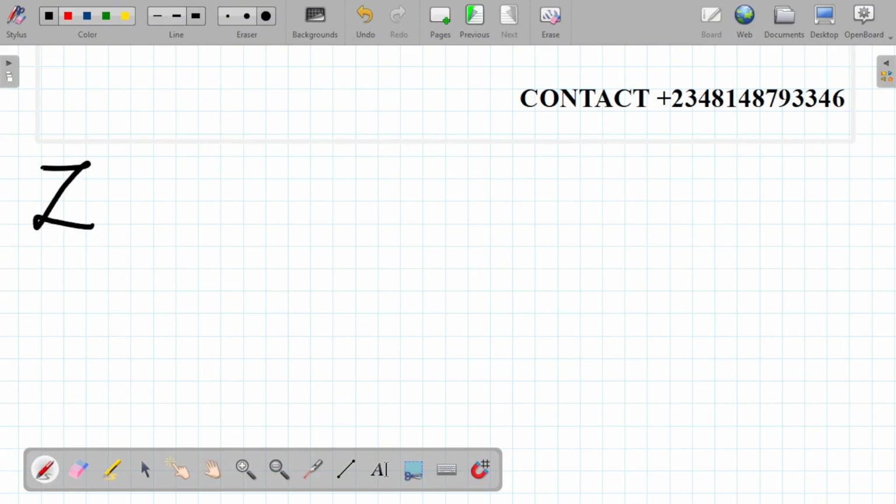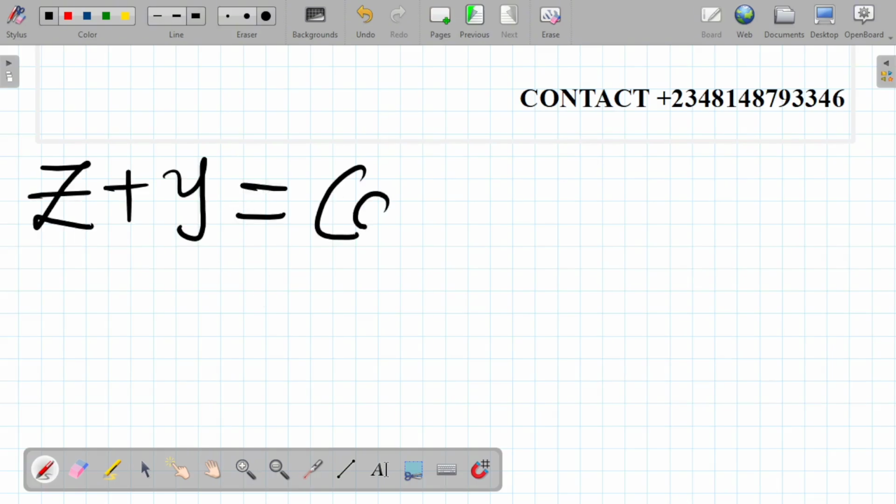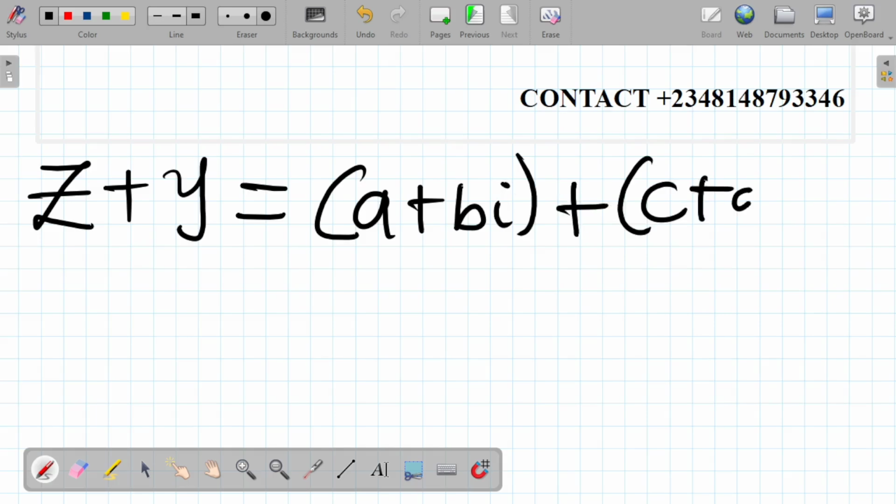So z plus y is equal to (a plus bi) plus (c plus di). So now let's take off the bracket.